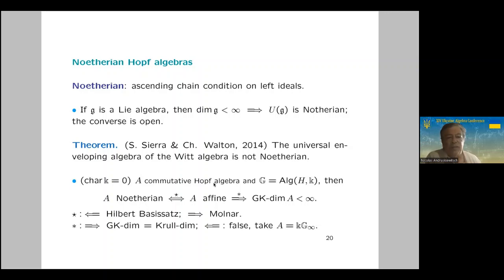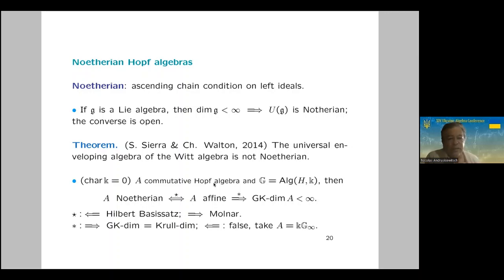But the converse is open. So it is not known if an infinite dimensional Lie algebra has an enveloping algebra which is not Noetherian. The most recent result I know about these questions is by Susan Sierra and Chelsea Walton. They proved that the universal enveloping algebra of the Witt algebra is not Noetherian.